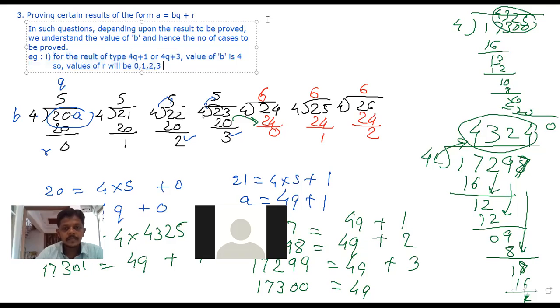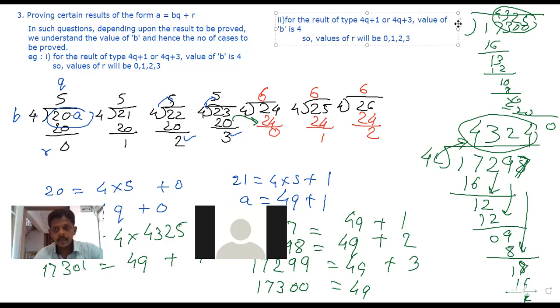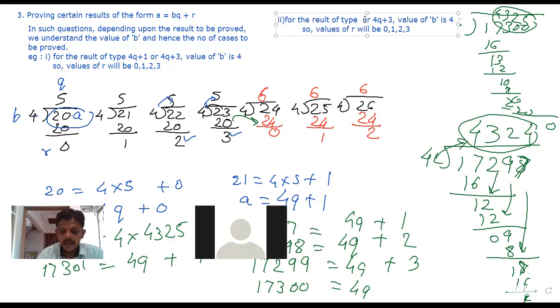Now you tell me. Here I am writing example number 2. For the result of type 3m plus 1 or 3m, what is the value of b? 3.